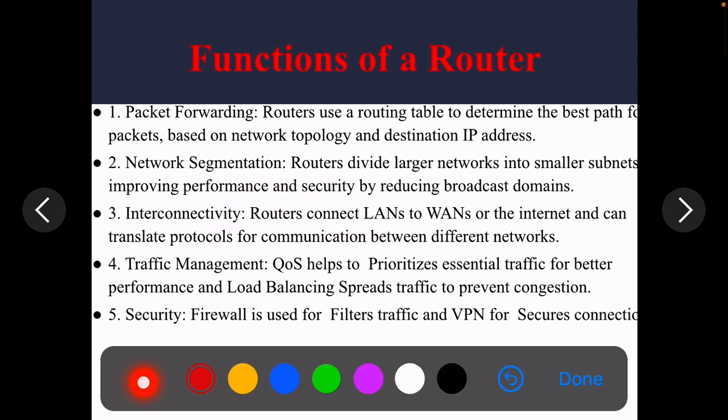The next one is interconnectivity. It is also used for interconnectivity. Routers connect LANs to WANs or the internet, and can translate protocols for communication between different networks. What does it exactly mean? There are two things in interconnectivity. First is different networks. A router connects different networks, such as connecting a local area network to a wide area network or the internet.